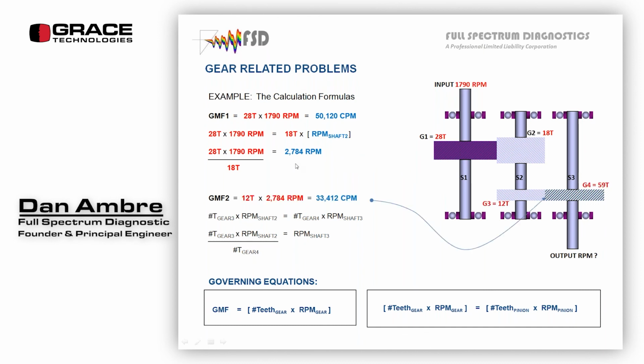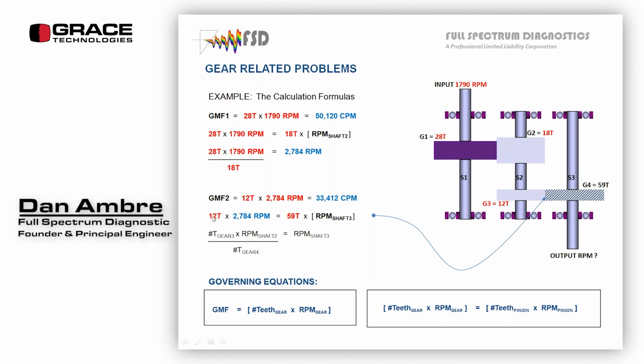Okay. Gear mesh frequency 2, 12 teeth, 2784 RPM. That's what we just calculated, the intermediate shaft speed. Multiply those two together, I get 33,412. That's the gear mesh for this shaft and this gear, and for the output shaft and its gear. Okay. I know the number of teeth on the output shaft.